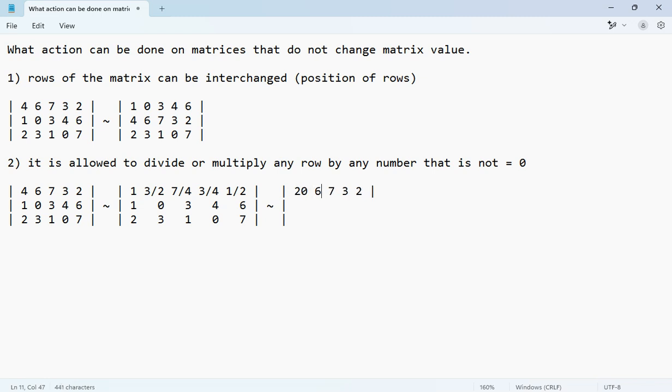Here will be 20, here will be 30, here will be 35, here will be 15, and here will be 10. And here I will leave these rows as they are. And what do I finally get? I get the equivalent matrix.